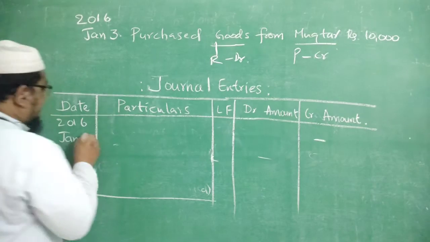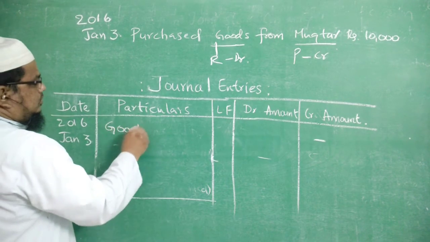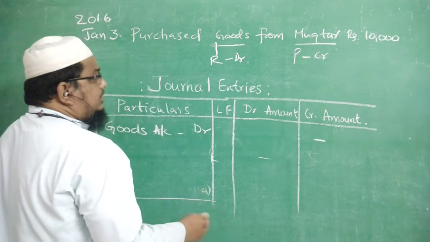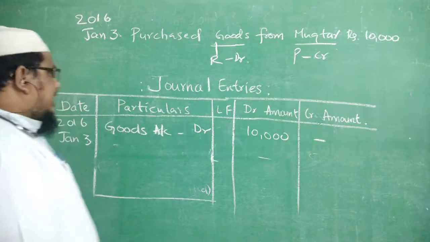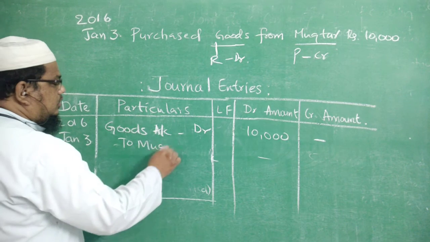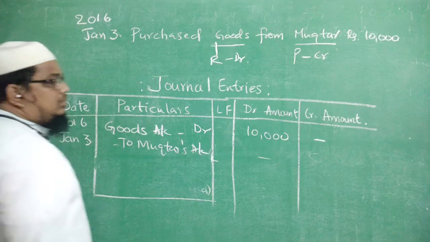Now here, January 3rd, goods account debit 10,000, and here to Mukhtar's account 10,000.